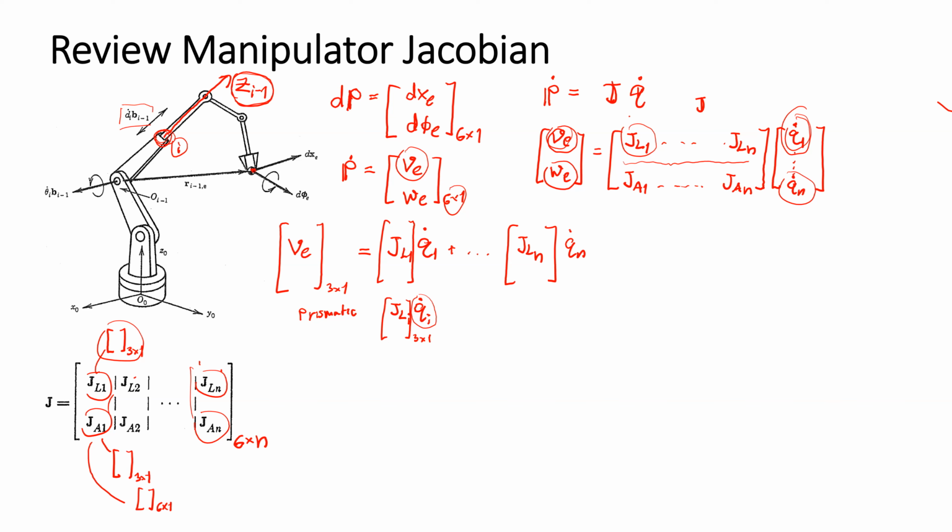If we fix the rotation of the outer joint and just consider only the effect of the movement in the prismatic joint, it creates linear velocity at the endpoint, and the direction of that velocity is described by the unit vector.